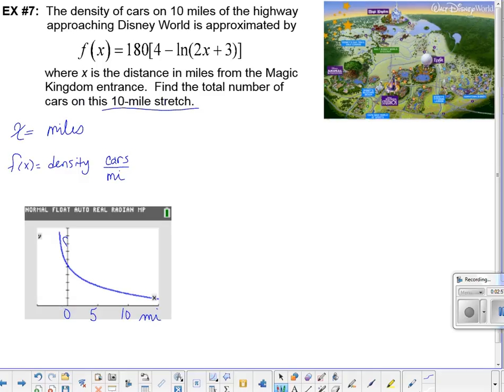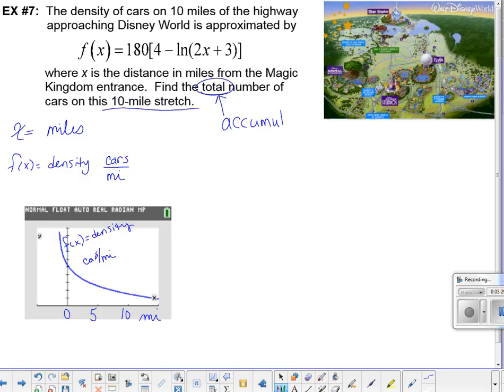This function, f of x, is a density function. And we're going to keep in mind that this was cars per mile. Now, another key word that I read when going through this, or that popped in my head that meant something, was total. And in calculus, getting the total of something is a lot like accumulating.